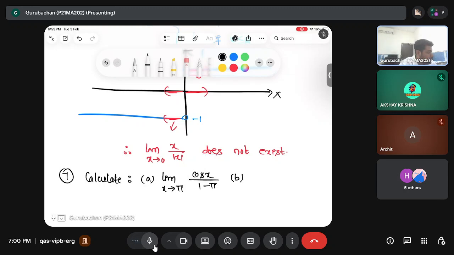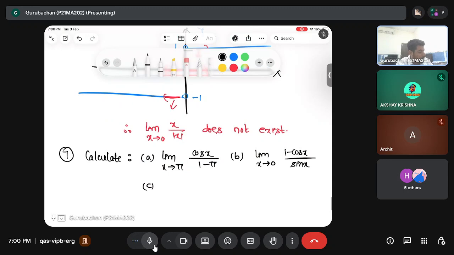Next one is limit x tending to 0 of 1 minus cos x divided by x sin x, and another one is limit x tending to minus 1 of x cube minus x square minus 5x minus 3 divided by x plus 1 whole square.